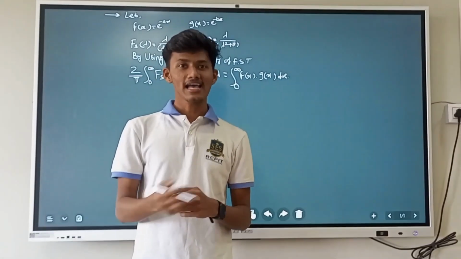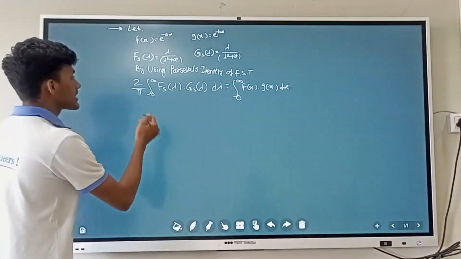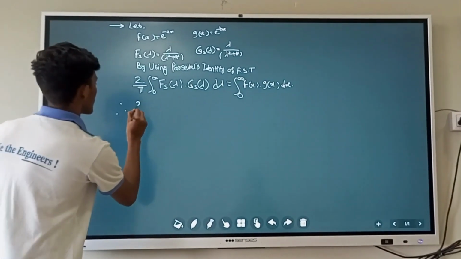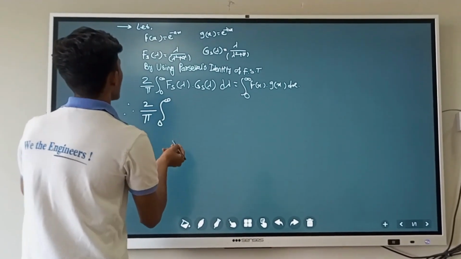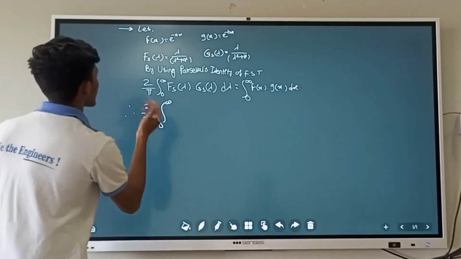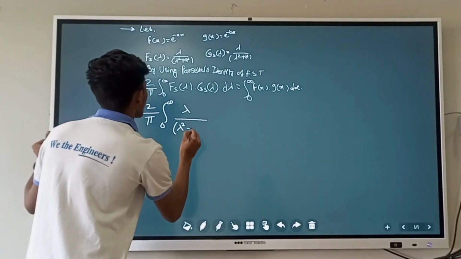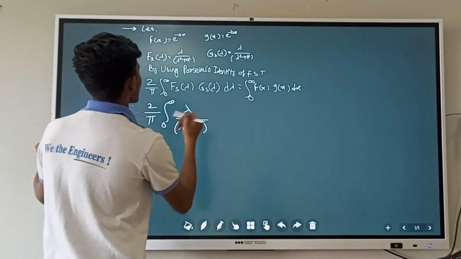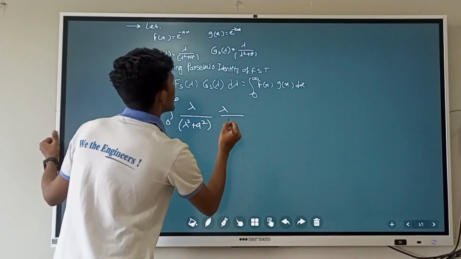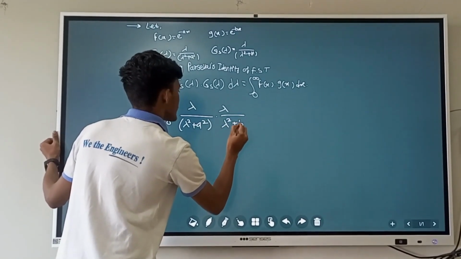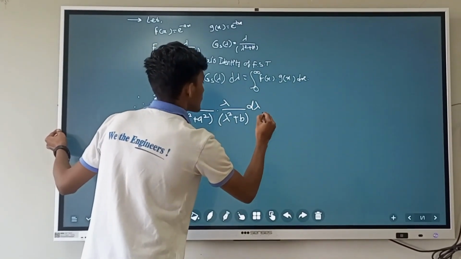So hello, I am roll number 180, and further we will put these values in our given equation. So we get 2 by pi, integration varies from 0 to infinity. We have the value of Fs of lambda, which is lambda upon lambda square plus a square, and further we have the value of Gs of lambda, which is lambda upon lambda square plus b square, and we have to integrate it with respect to d lambda.